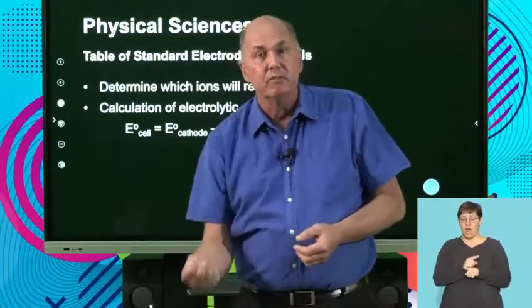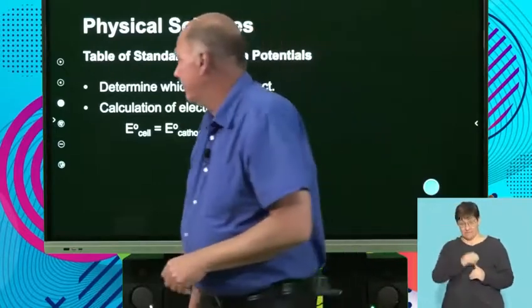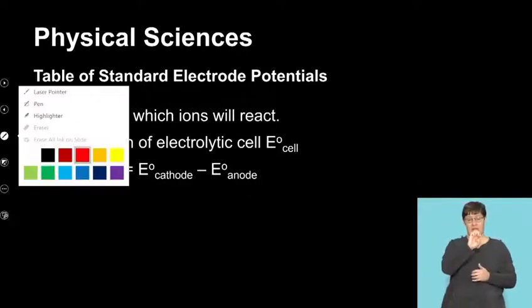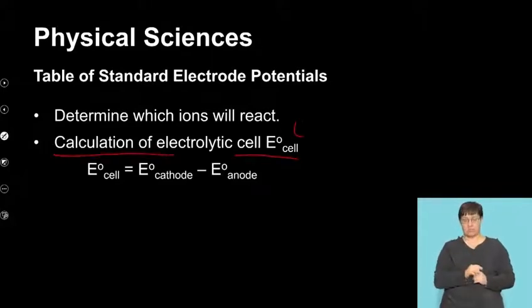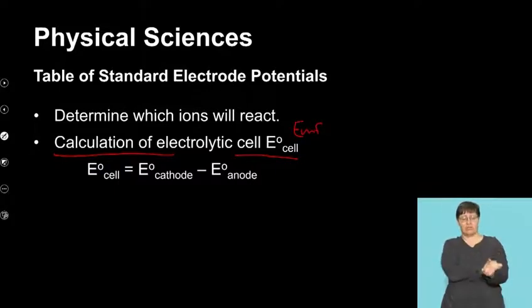That's why the pattern has been the opposite way down, with the reducing agent down at the bottom on the right-hand side and the oxidizing agent up at the top. Let's calculate the E naught of the cell. This is actually the E naught, the EMF of the cell. In this case, the electrolytic cell needs some energy coming in.